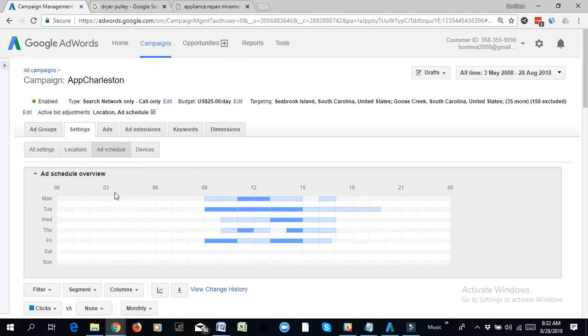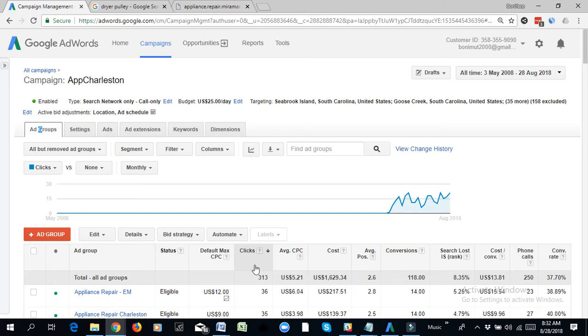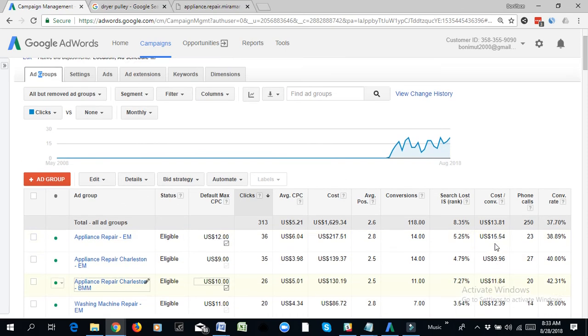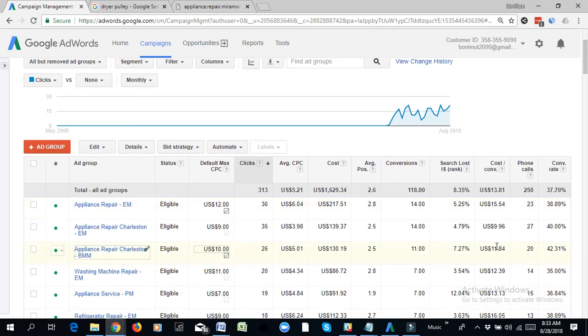So when we are optimizing each campaign, we come to the ad group section. We sort by cost per conversion. We also sort by clicks. Where the cost per conversion is higher than 20, we open the ad group to check what is happening and what is possibly making it have that higher cost per conversion.